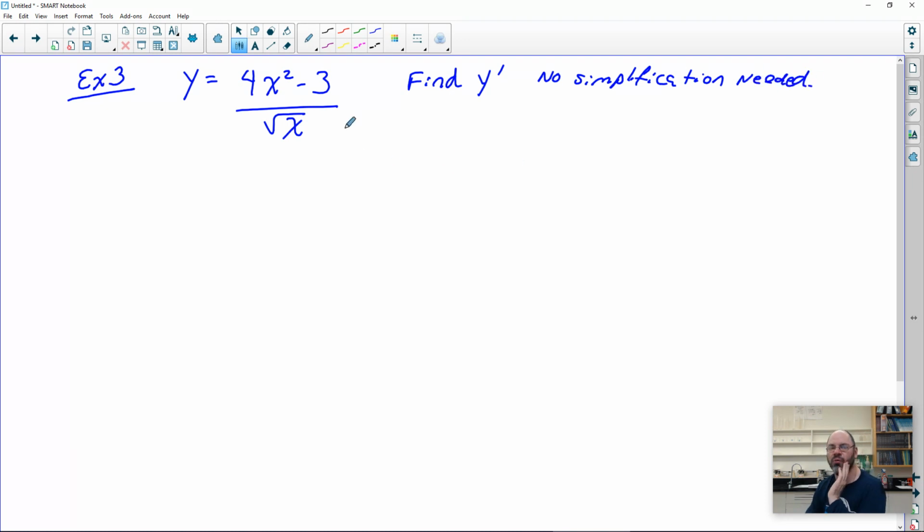Okay, I'm going to do the simplification of when we square x, root x is x to the 1/2, and we're going to end up squaring it because it's a bottom function. I will simplify that to an x, but other than that, that's probably the only simplification I'll do just because it looks a little better.